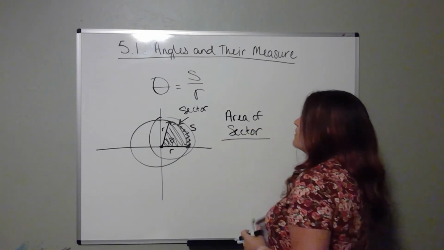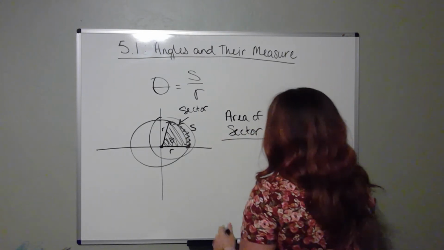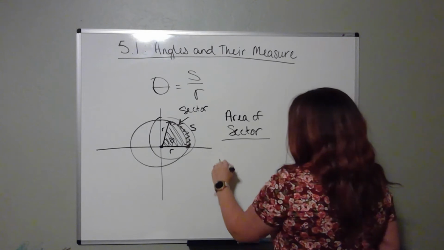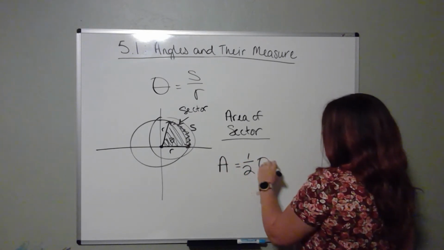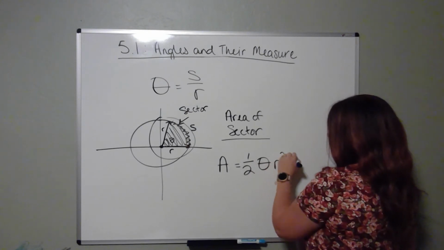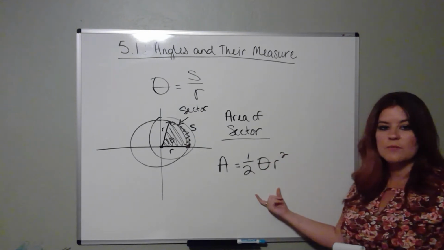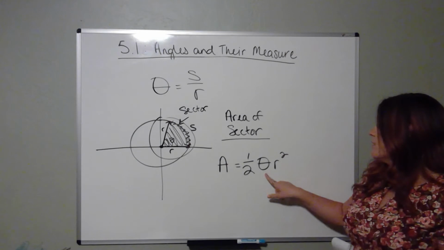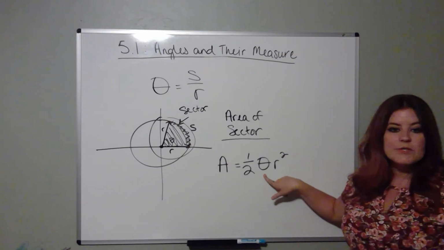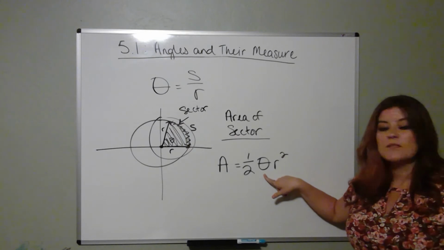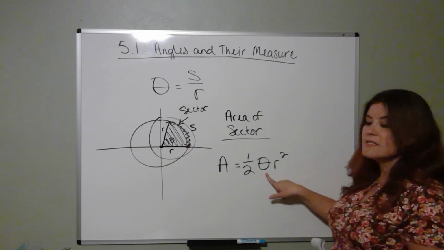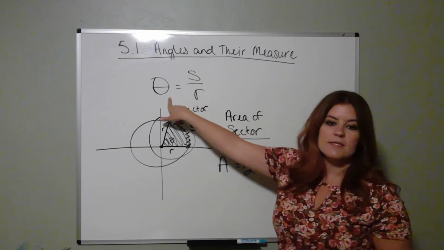To find the area of a sector, we have a formula. The area is going to be 1/2 times theta times the radius squared. This is something you want to remember. What do you think the measure of theta is going to be in? Yeah, it's going to be in radians. Theta has to be in radians, just like in the arc length example.